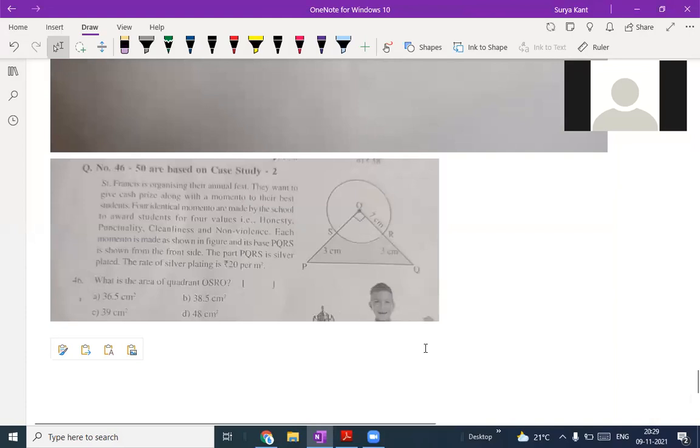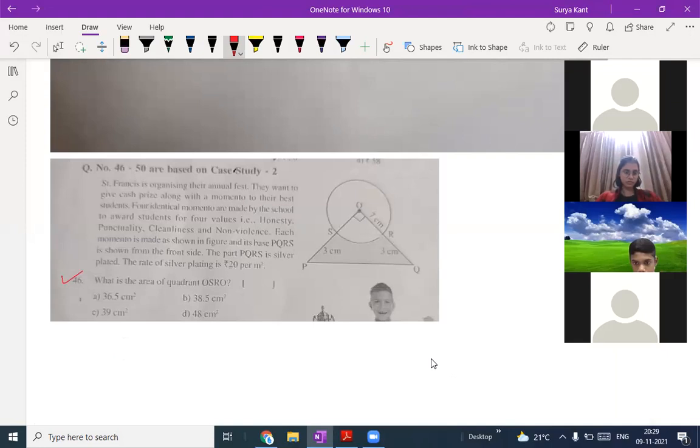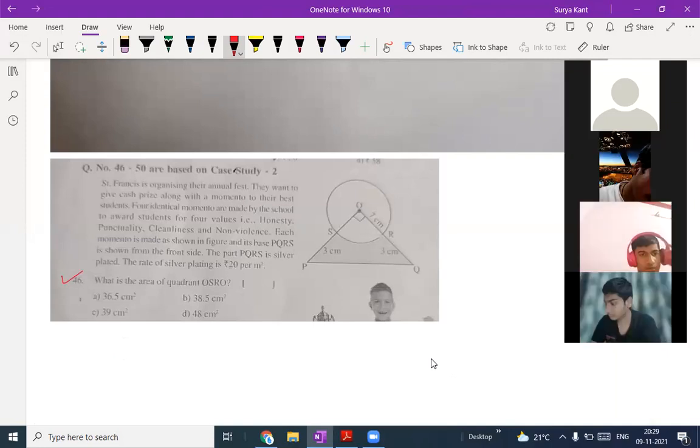So this question, children, all of you do this very easy question, no? Nothing is there in this question. You should find the quadrant. Everyone tell me the answer, children, for this 46th one. Javian, are you having difficulty doing this question? Sir, I did not understand this question properly.